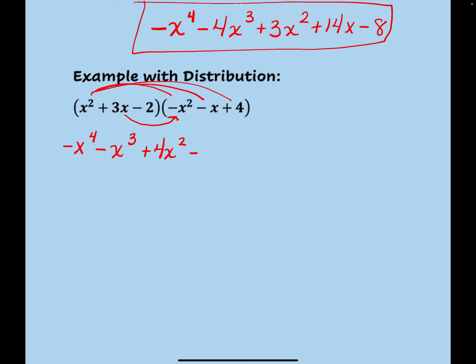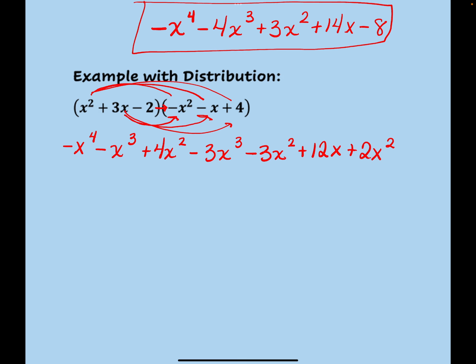That gives me negative 3x to the third. 3x times negative x gives me negative 3x squared. And then 3x times 4 gives me positive 12x. Okay, this last one, negative 2 times negative x squared gives me positive 2x squared.